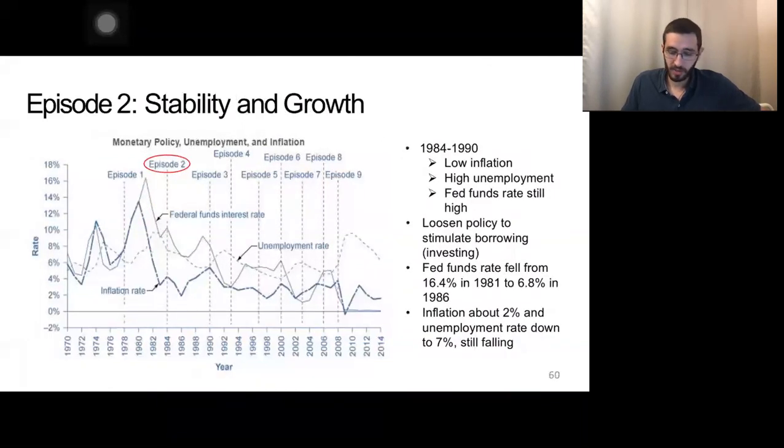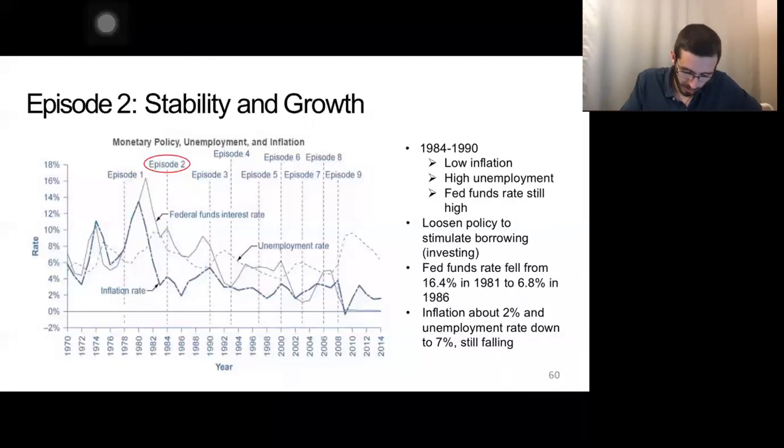Eventually the inflation normalized, and that came to episode 2. In episode 2, we had a lot of unemployment, but the price level was a little bit more stable. We had lower inflation. So at that point, it's time to engage in expansionary policy, where we make money more available and lower the interest rates, which can lead the price level to go up, but at the same time we want to incentivize production. You can see here the economy trying to bounce around that potential GDP line, and this is done through different monetary policy tools being implemented by the central bank.